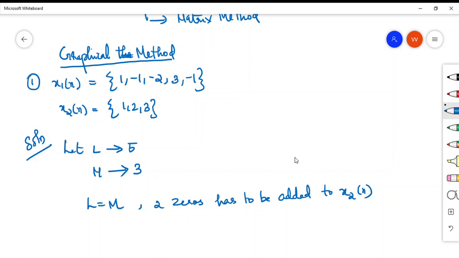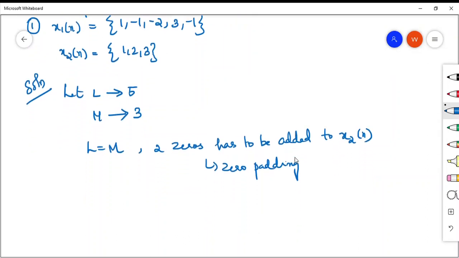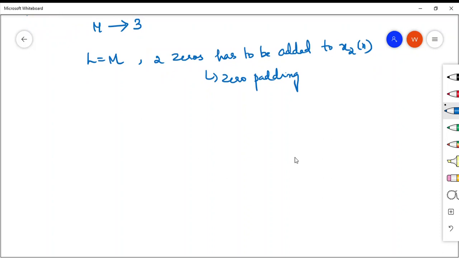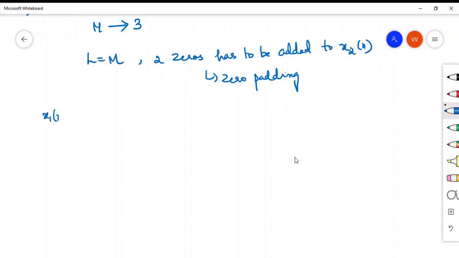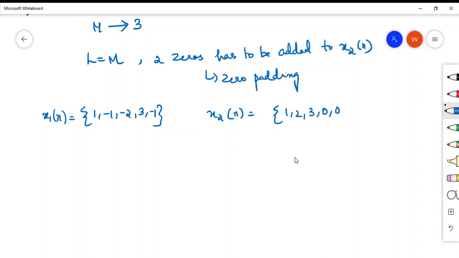So zero padding has to be done to the signal x2 of n such that the length of that sequence becomes equal to that of the first sequence, x1 of n. After zero padding, x1 of n is 1, minus 1, minus 2, 3, minus 1, and x2 of n now becomes 1, 2, 3, 0, 0.